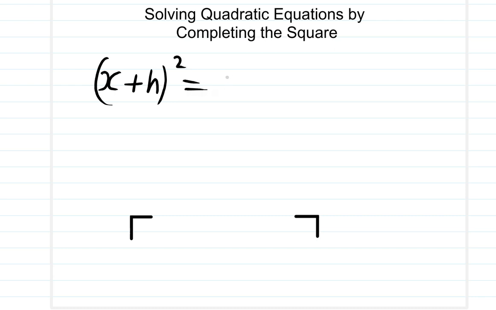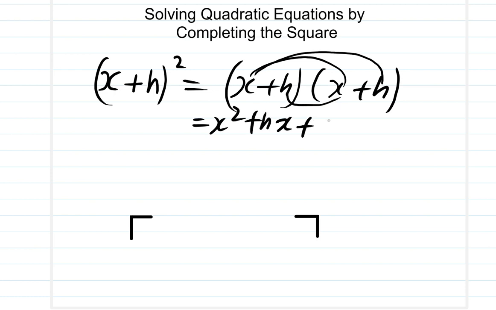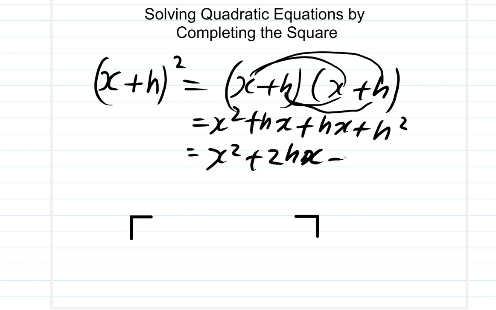If you multiply it out, you're going to get x plus h multiplied by x plus h equals x squared plus hx plus hx plus h squared. So you have x squared plus 2hx plus h squared.